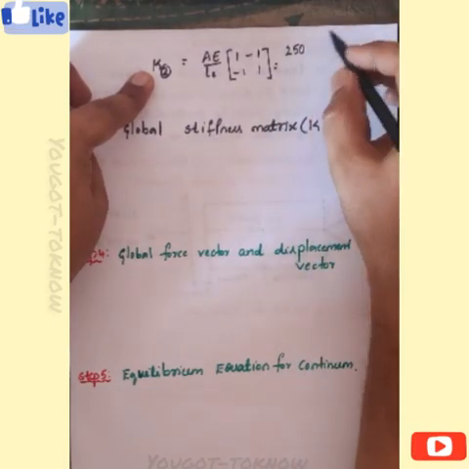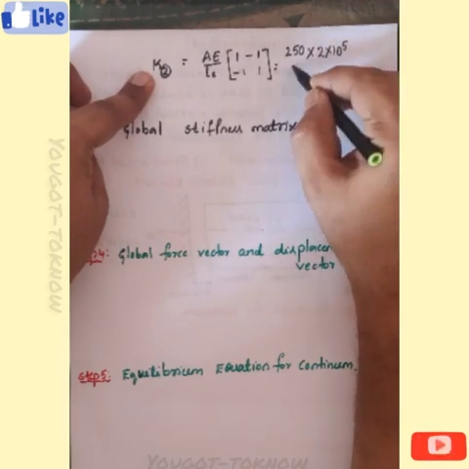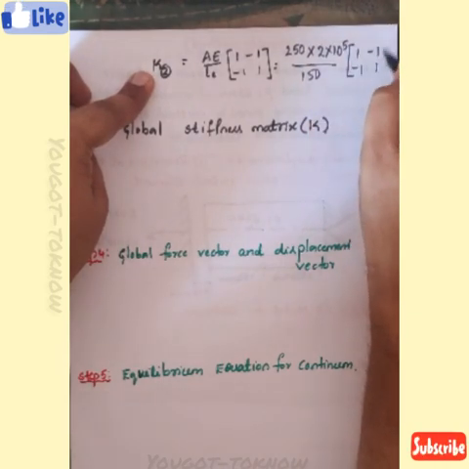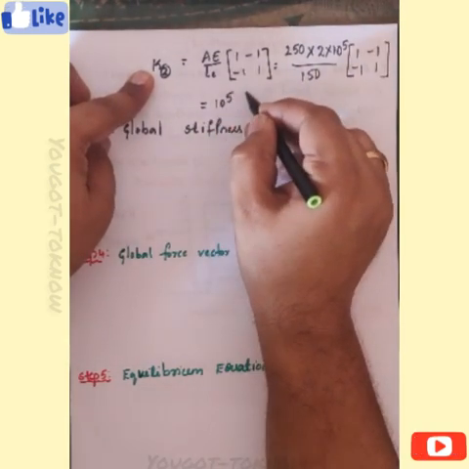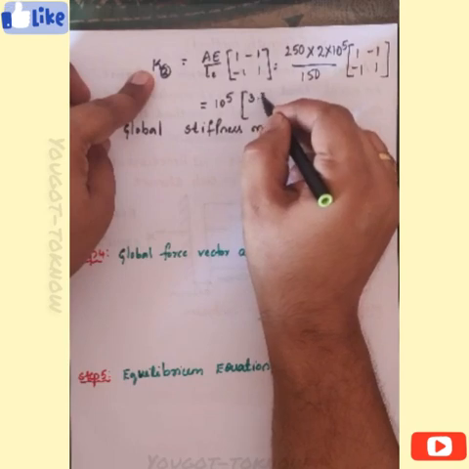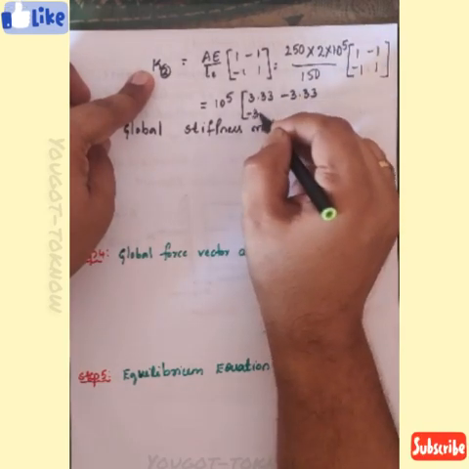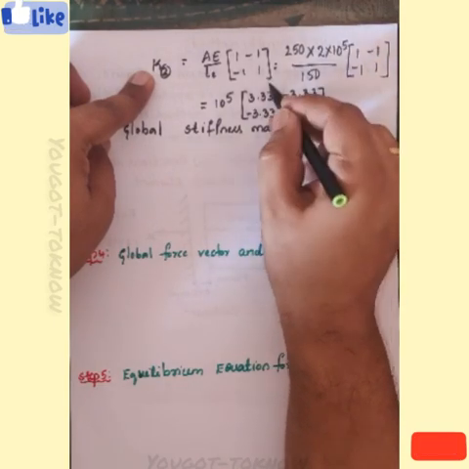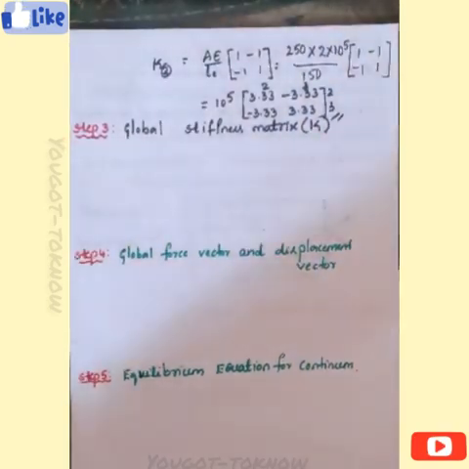The area is not changing. 250 into Young's modulus 2 into 10 to the power 5, length is 150. What value are you going to get? The same 10 to the power 5, because the same values are there: [3.33 -3.33; -3.33 3.33]. Now the nodes will be 2, 3, 2, 3. This is your second element.